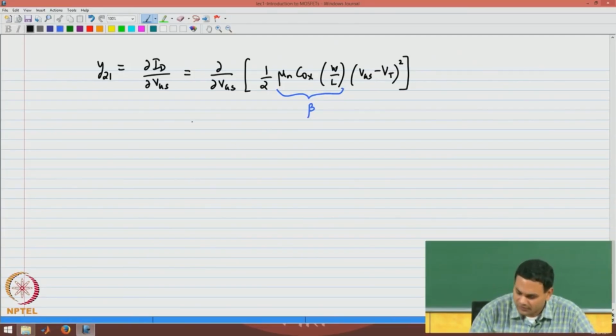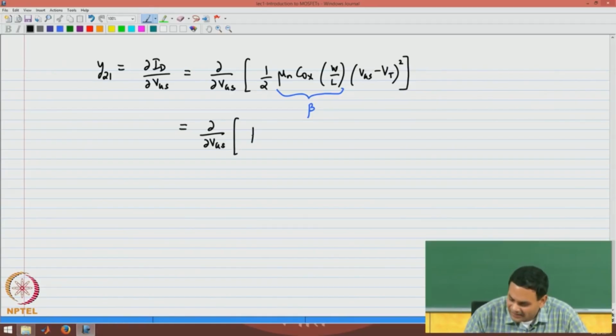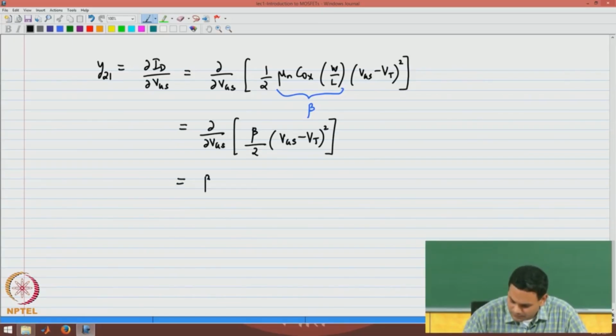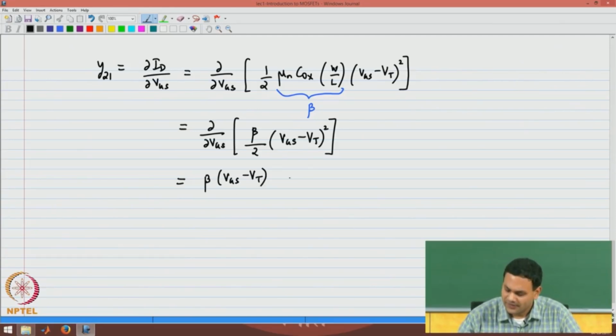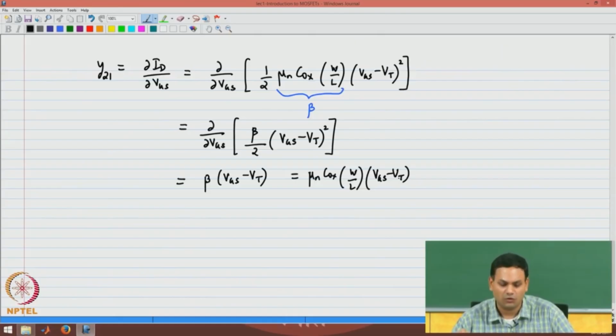So, since these are device parameters and geometric parameters, I can write this as beta over 2 times VGS minus VT the whole square, and therefore, this is nothing but beta into VGS minus VT, which is of course mu n C ox W over L into VGS minus VT. So, this is the first expression for Y21 that we are interested in.